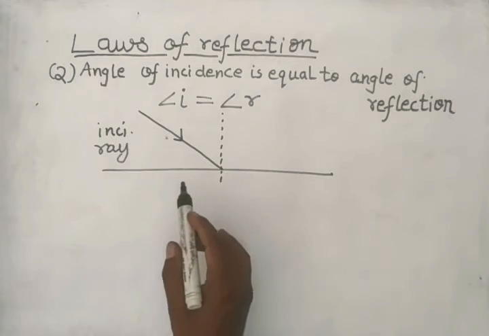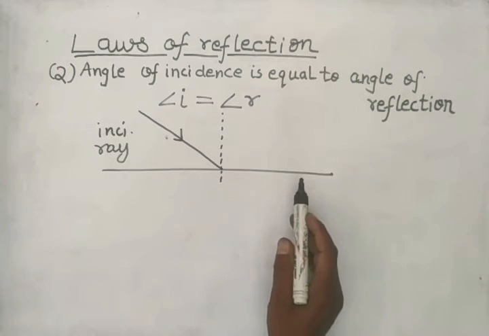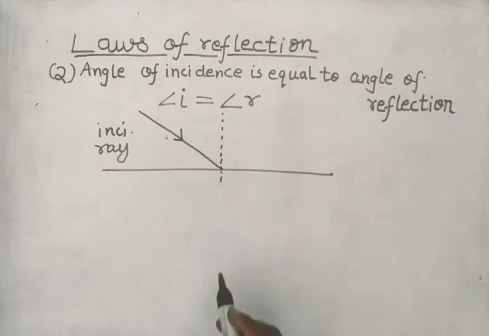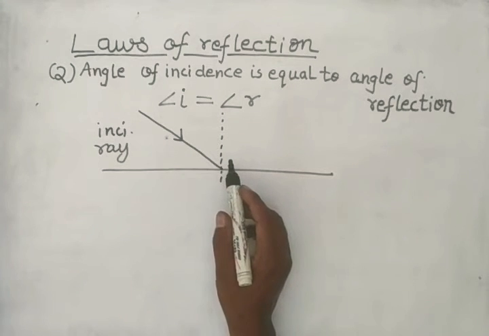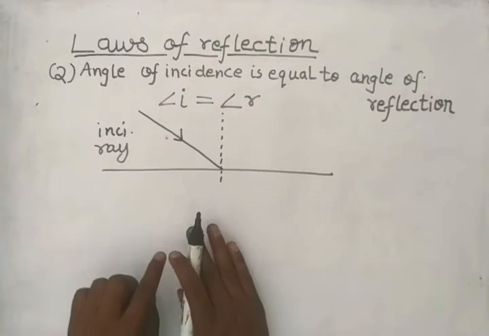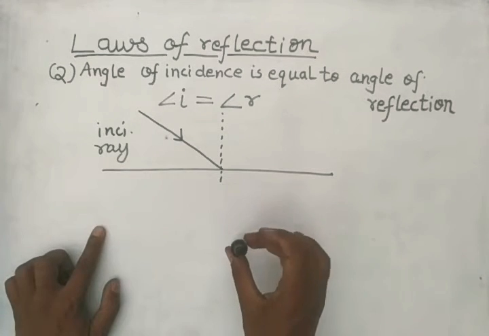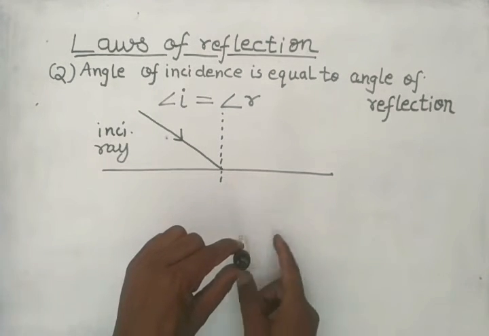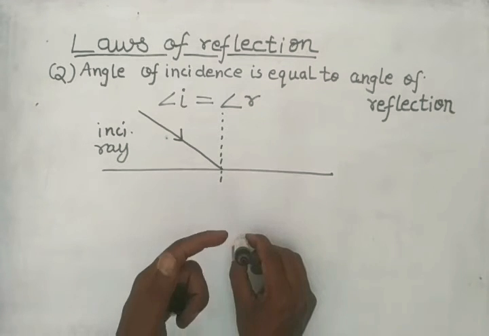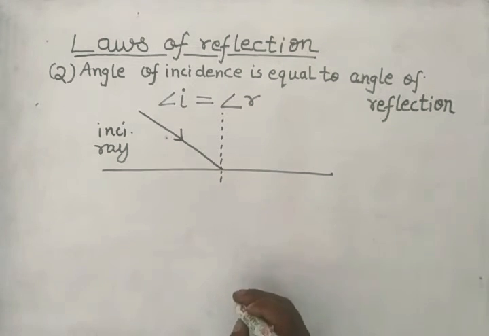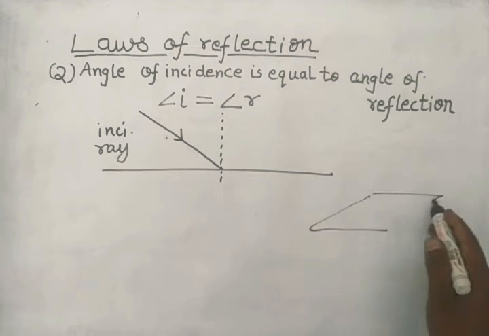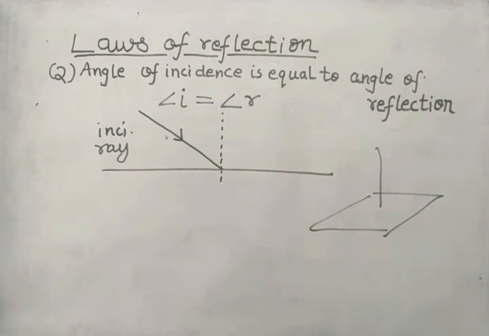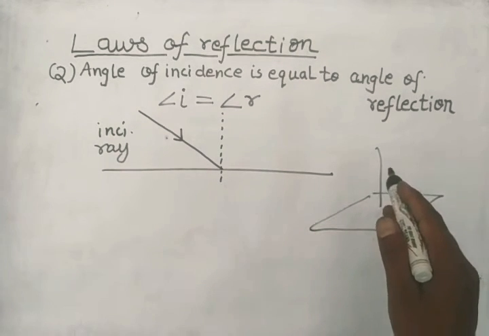In terms of a line, if a line is at an angle of 90 degrees, we call it perpendicular. But in case of a surface, like this is a surface, and this marker is making 90 degrees with the surface, then this marker will be called normal. So normal means perpendicular on a plane surface. This is a plane surface, and this is its perpendicular. That perpendicular is called normal.